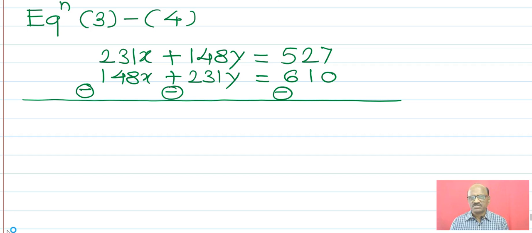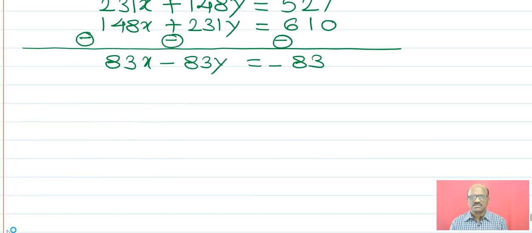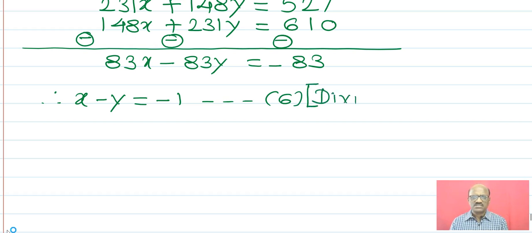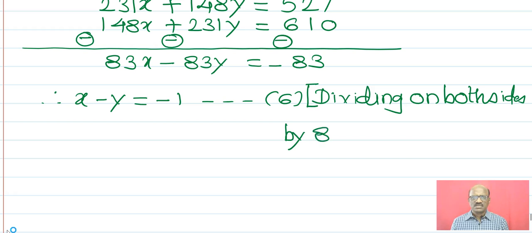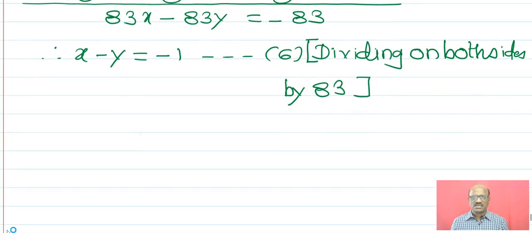After subtraction you will get 83x minus 83y is equals to minus 83. Now divide on both sides by 83, then you will get x minus y is equals to minus 1. This is the equation number 6. Write the reason. Dividing on both sides by 83.